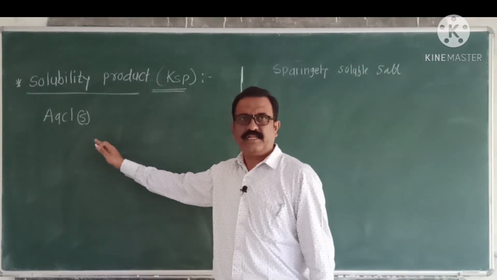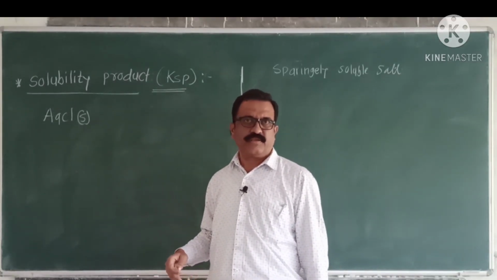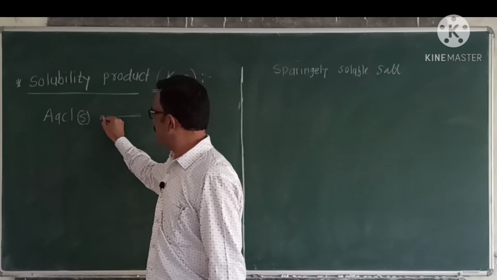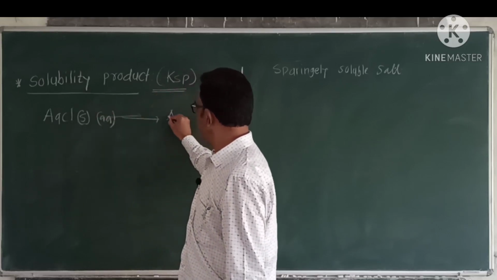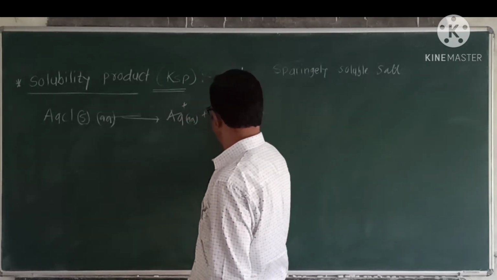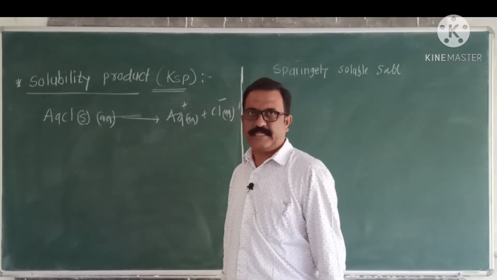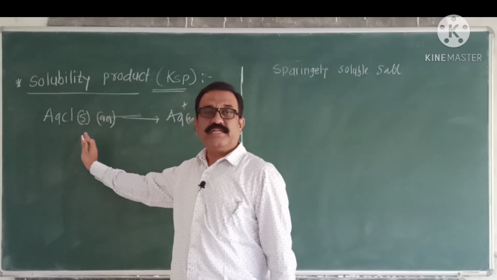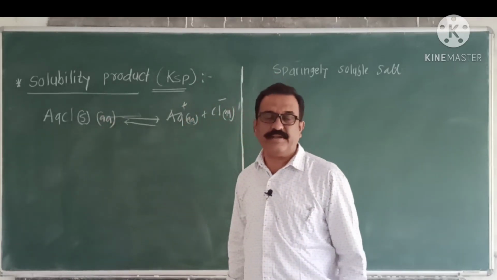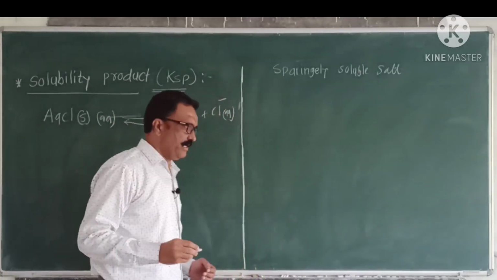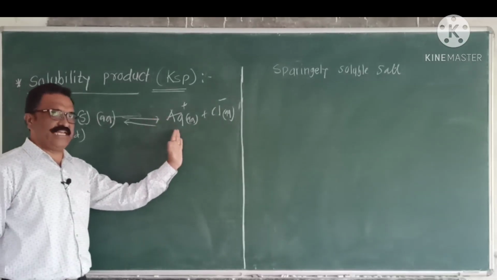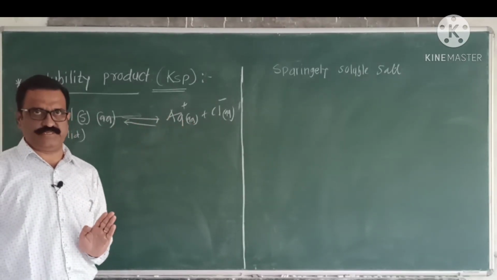When AgCl is added into water and stirred vigorously, it will produce a few Ag plus ions as well as a few Cl minus ions. The majority remains in a solid form, that is in undissolved form, and hence there will be equilibrium between solid AgCl as well as the ions present in its saturated solution.